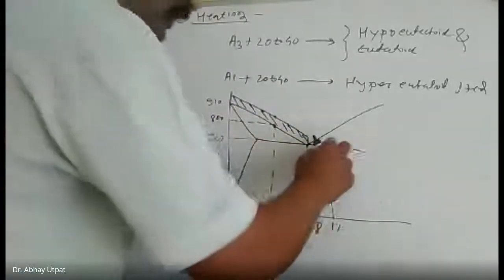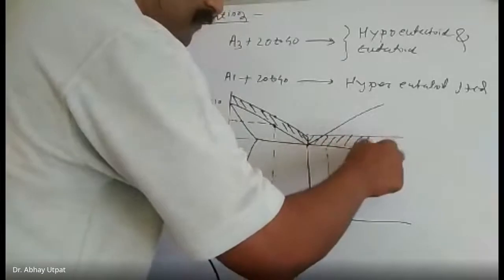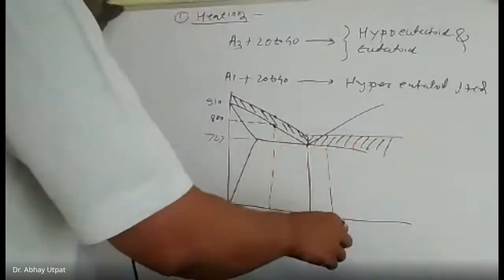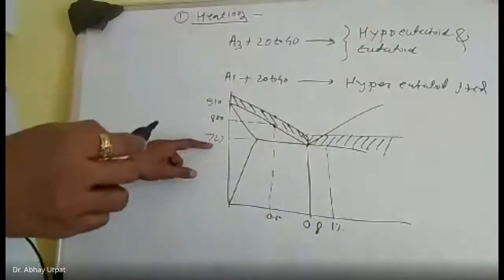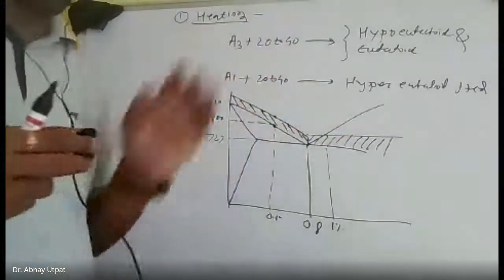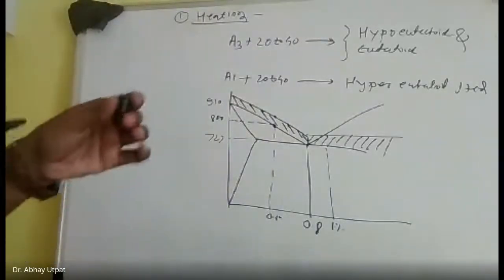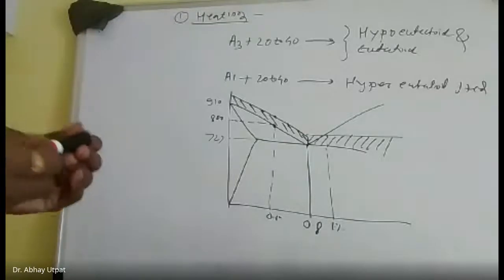For all it is applicable. That's why I have drawn this straight line. So for 1% carbon steel, heating temperature would be around 727 plus 30, maybe 760. So this is the temperature band. There are 3 temperature bands for annealing, normalizing, hardening. You will understand at that time.